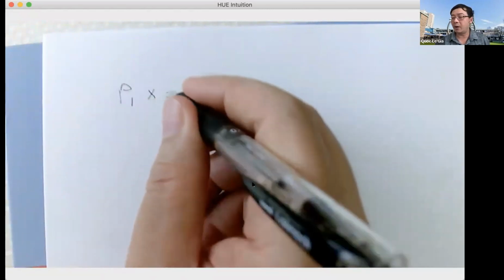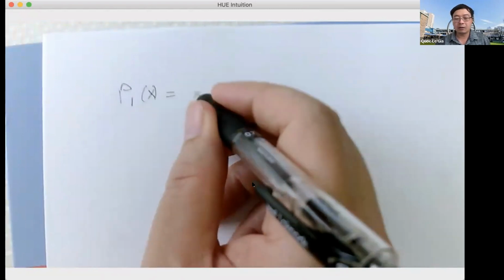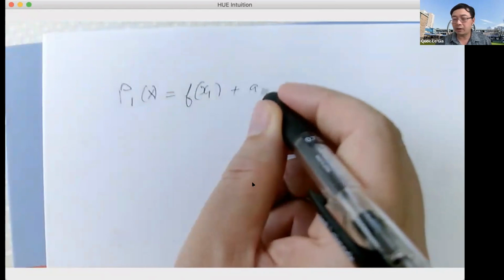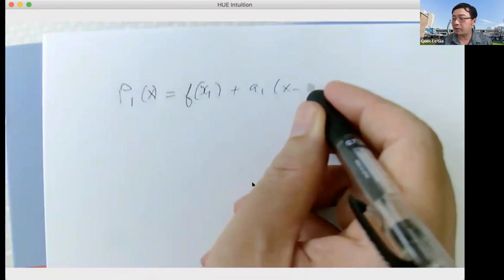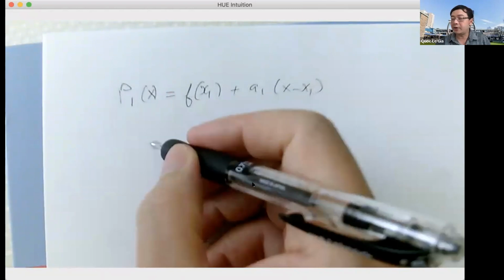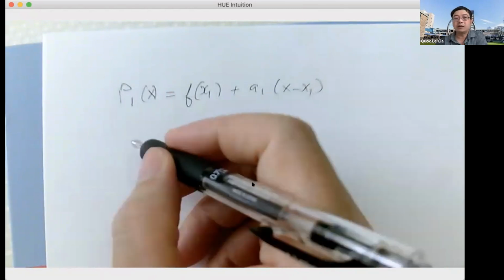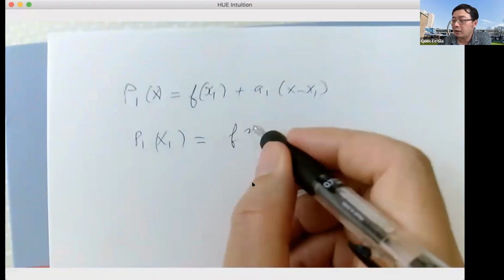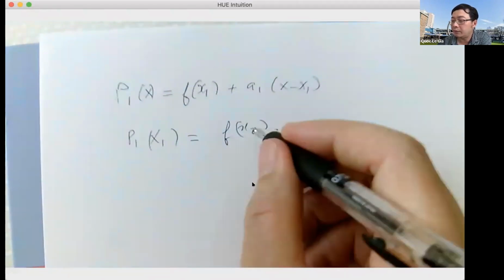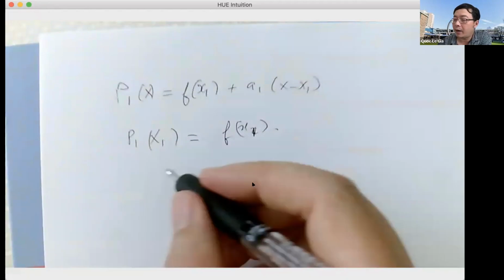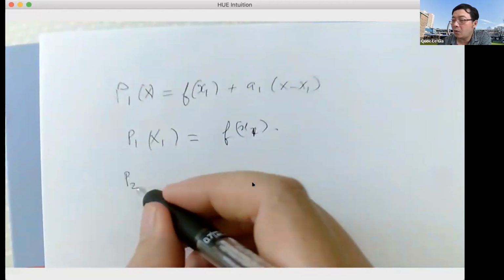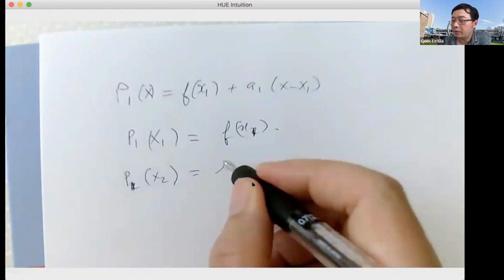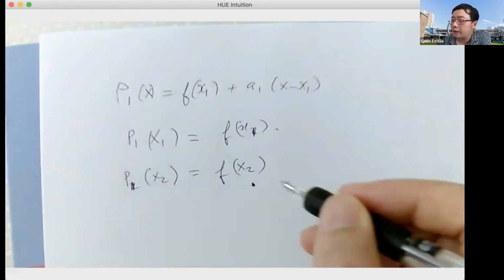So P1(x) equals f(x1) plus a1 times (x minus x1), right? So definitely you have P1(x1) equal f(x1) already, right? So now what I want is P1(x2) equal f(x2), right? So that's what I want, right?